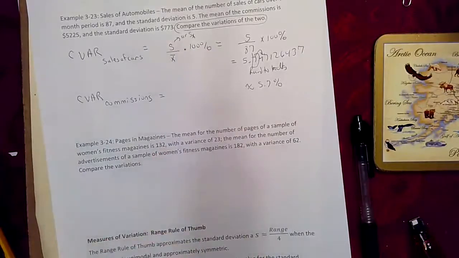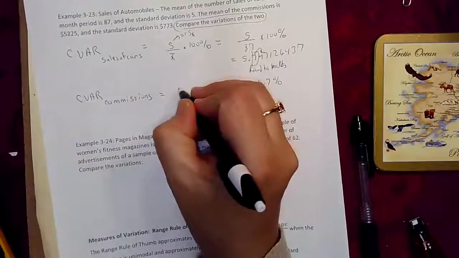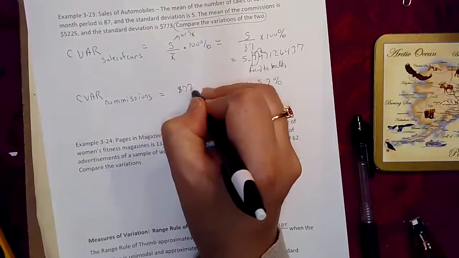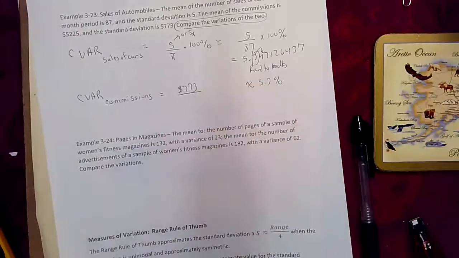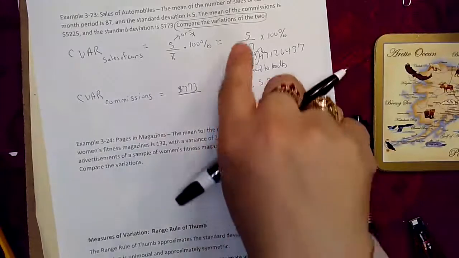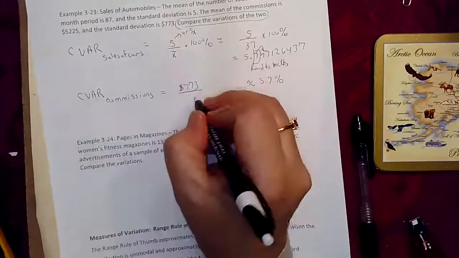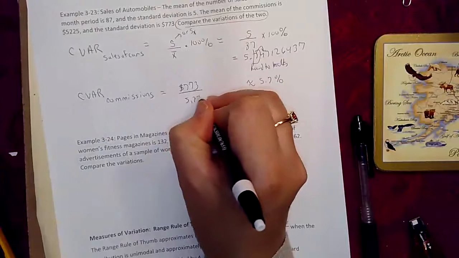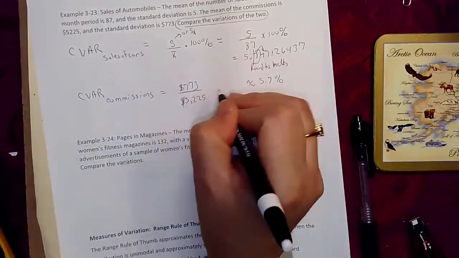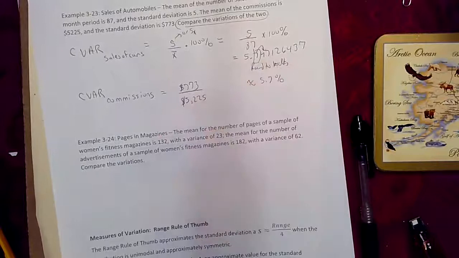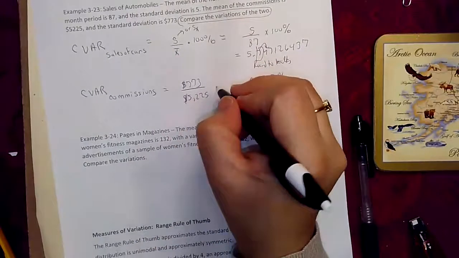In this problem the standard deviation was 773, divided by the mean, which is 5,225, times 100%.